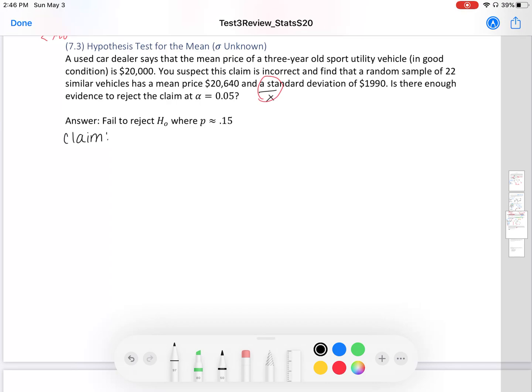Our claim is that first sentence: a used car dealer says that the mean price of a 3-year-old sport utility vehicle is $20,000. It's not saying less than, greater than, at most, at least. It's saying is, and that means equality. So our mean is 20,000. Therefore, my null has the equal sign, so it's going to be the same, 20,000, and my alternative, my Ha, is mean is not equal to 20,000.